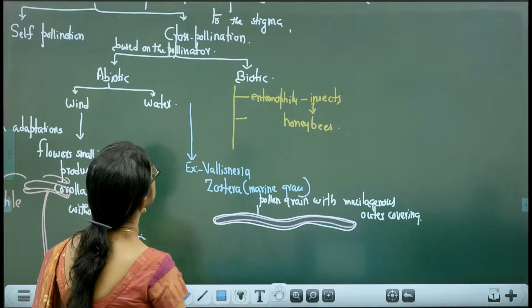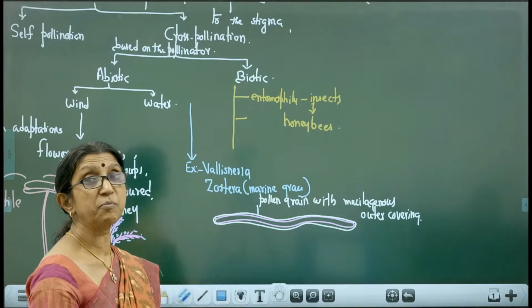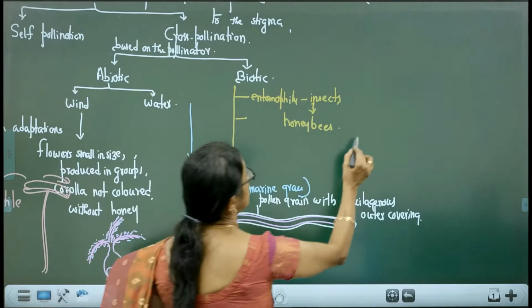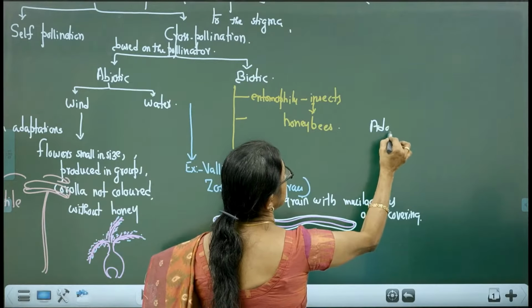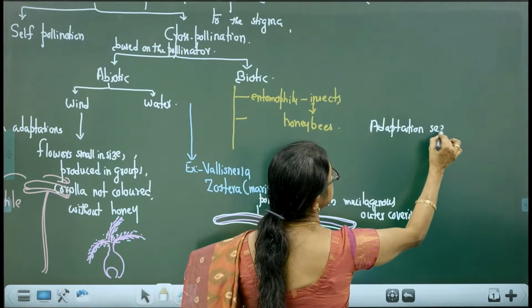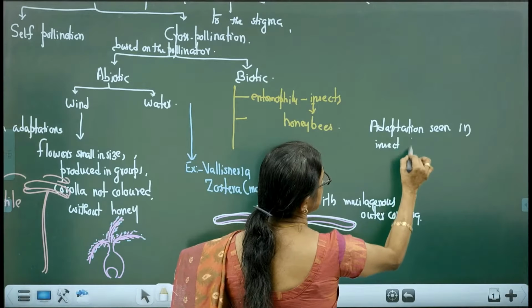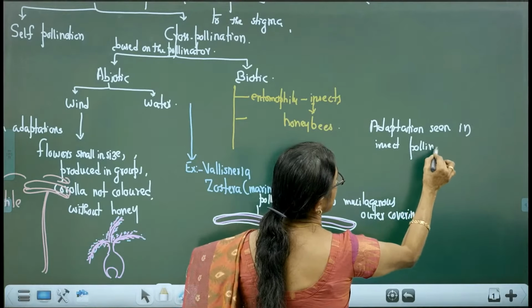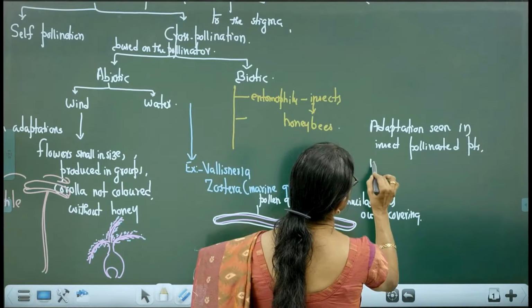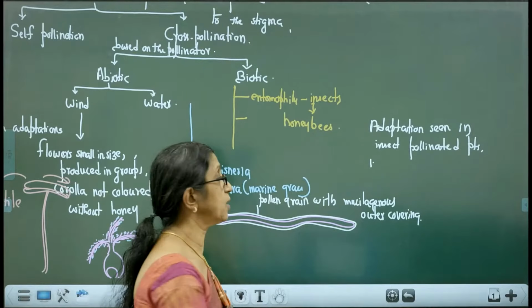The next one is the adaptation seen in insect pollinated plants. The first one is showy flowers with colored corolla.